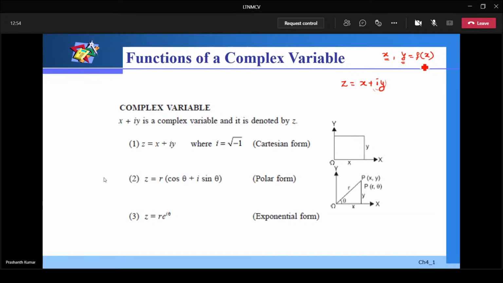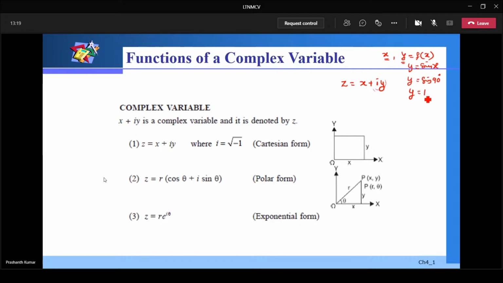If suppose you take sin x, sin x is a function, y is equal to sin x. Suppose x is equal to 90 degrees, then y is equal to sin 90 degrees. What is the value of sin 90? It is 1. So if x is equal to 90 degrees, then y is equal to 1.